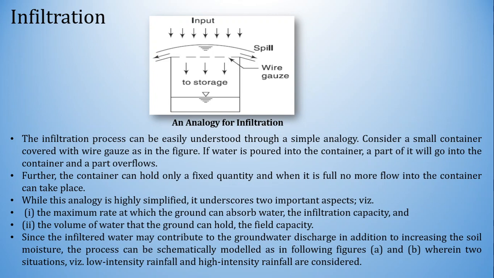While this analogy is highly simplified, it underscores two important aspects: first is the maximum rate at which the ground can absorb the water, the infiltration capacity, and second is the volume of water that the ground can hold, the field capacity.